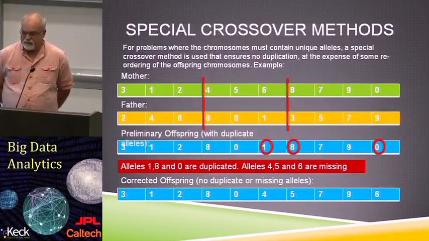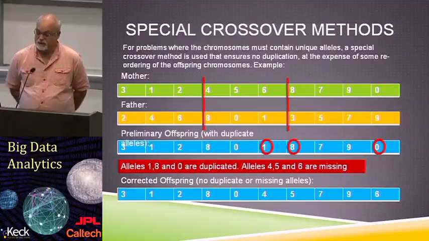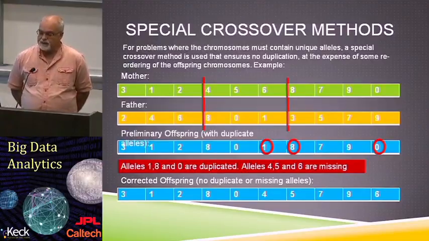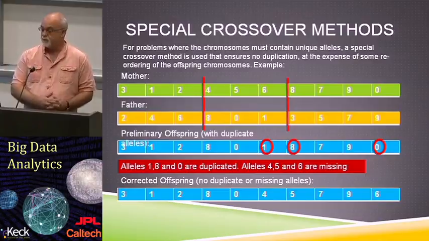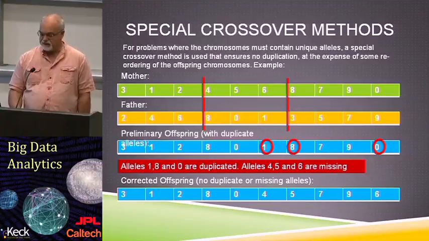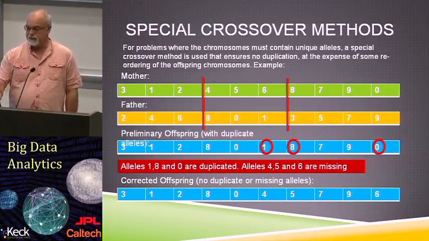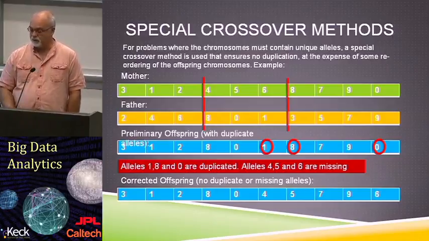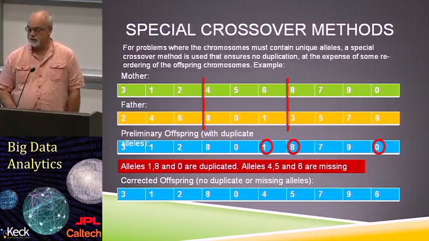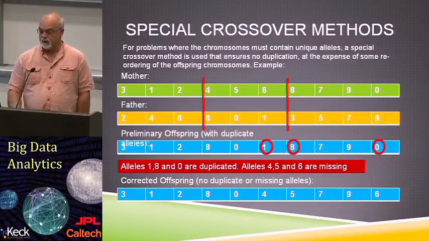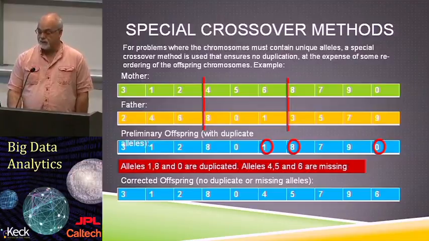Now, in the case of some problems, in particular the travelling salesman problem, we need special crossover methods, because if we did what was on the previous slide with the city list, we'd end up with duplicate cities, which violate our conditions for a solution. This is illustrated here. If we take a mother and a father chromosome and take a slice out of the middle, and look at the first preliminary offspring, you'll see that the red circles show where we now have duplicates in our chromosome.